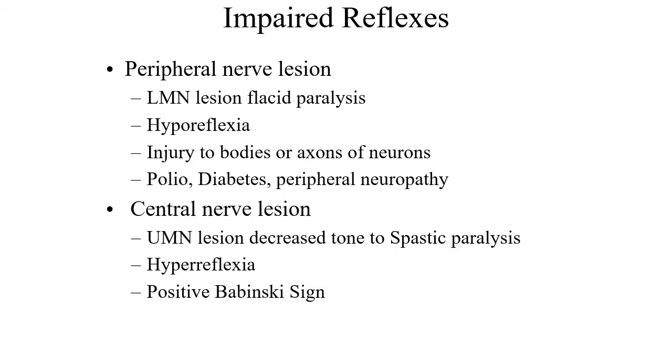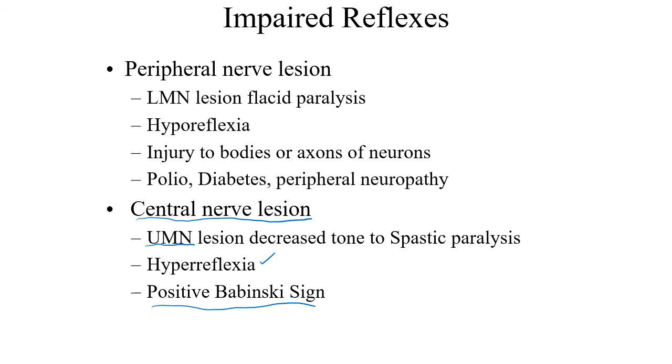Babinski sign is a sign that can be indicative of an upper motor neuron lesion, so a central nerve lesion. This is going to be an upper motor neuron problem. Something is happening from the upper side of the pathway. The lower side is still intact, and that gives us a positive Babinski sign. It's also going to give us hyperreflexia.